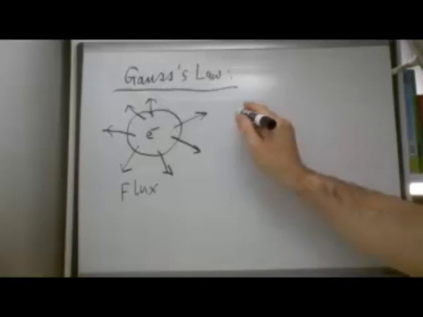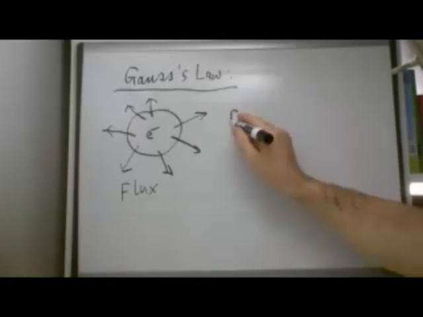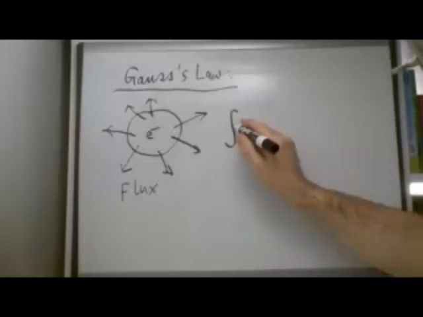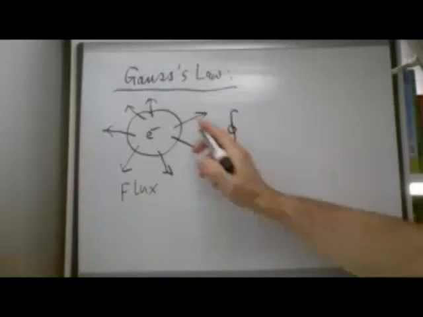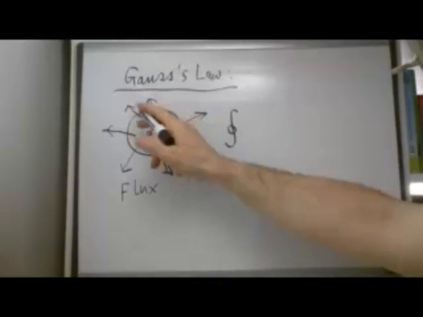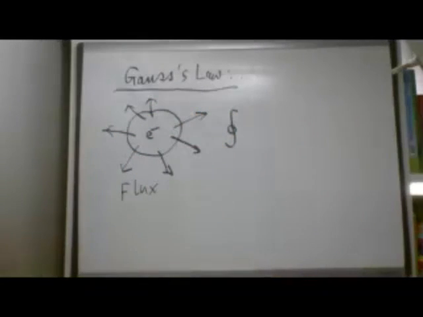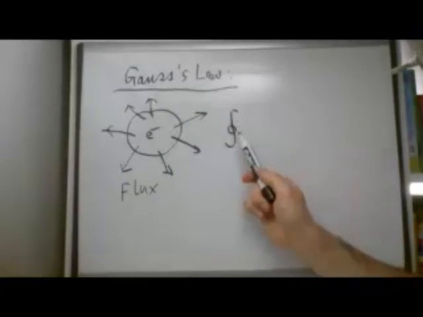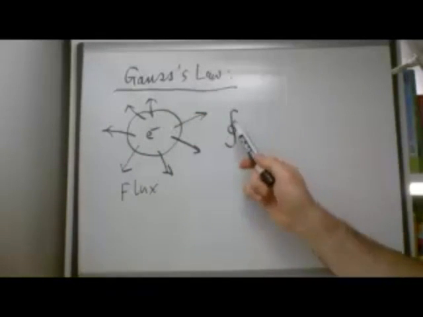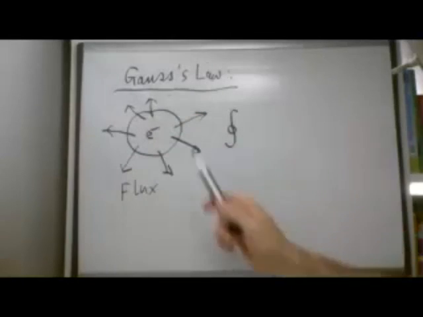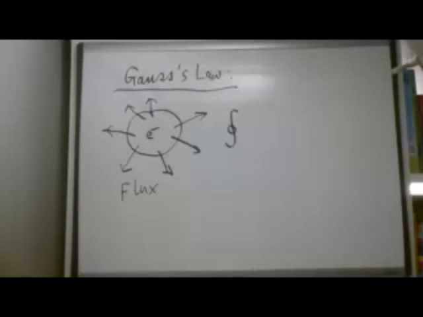So the equation says that if you sum over the whole cavity, we basically want to sum up all these lines. So imagine this is a three-dimensional cavity. This long S means sum. The zero just means it's a closed system, like a cavity.